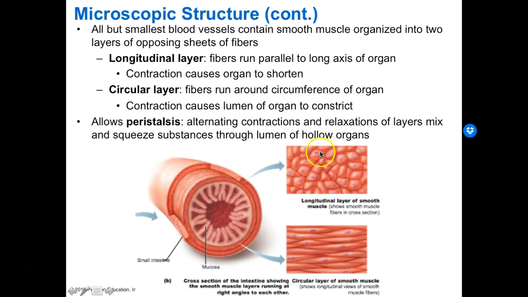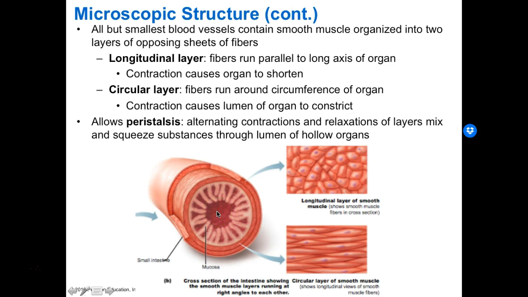The difference is, when these longitudinal muscles contract, that's going to cause this tube, the intestines, to shorten. So take a tube, think of it as the intestines, and shorten that up. That's our longitudinal layer at work. Whereas our circular muscles here, similar to our orbicularis oris or orbicularis oculi, when this muscle contracts, it's going to close up this lumen.